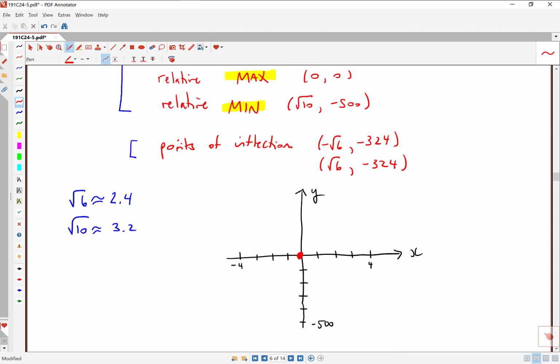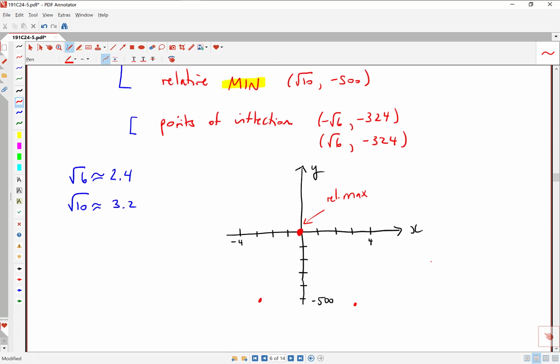The y values are negative 500. Okay, so let's get those on there, about there and about there. And if you want, you can start to label some of your points. That's going to be a relative maximum, and these here are going to be relative minimum points. That might help us when we do our sketch.